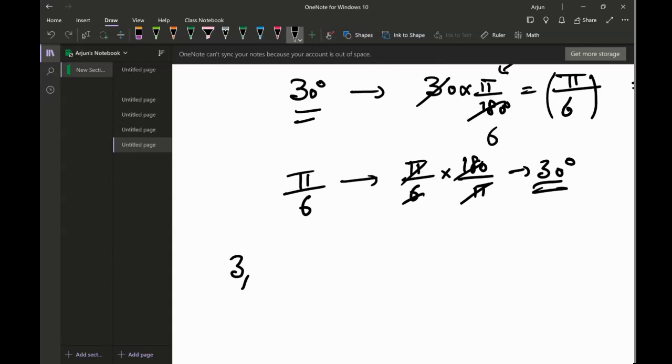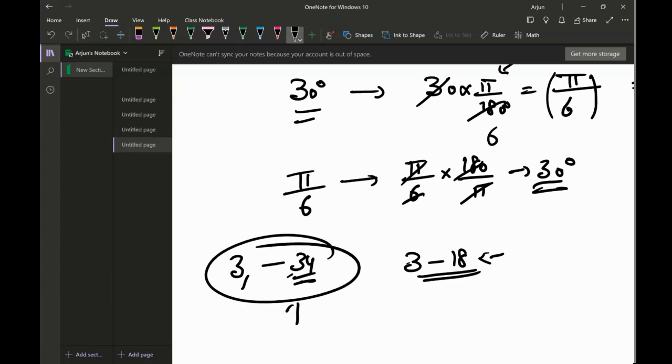You can do up to question 34. Mainly, try and do 3 to 18. That will be sufficient, but if you want to do it in detail, you can go up to 34. That will be from chapter number 8.